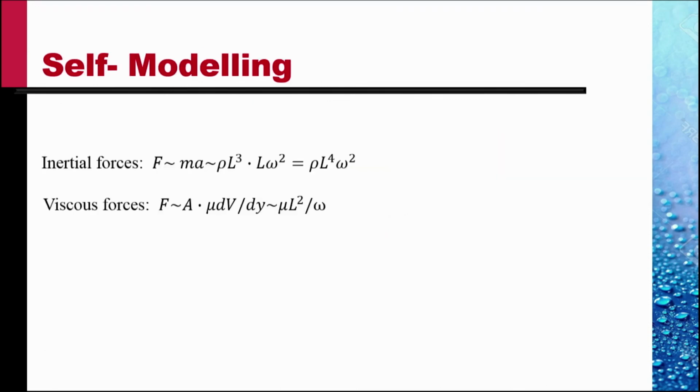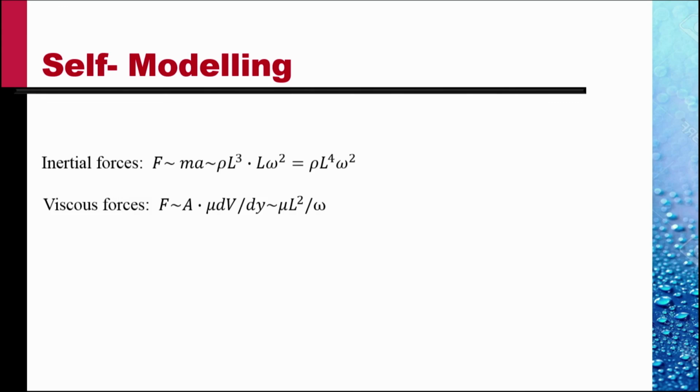So, two forces of importance. If the viscous forces are not negligible, we have inertial forces like MA, which gives you rho L to the power 4 omega squared, where omega is the angular velocity, and the viscous forces, which are like mu times L squared times omega.